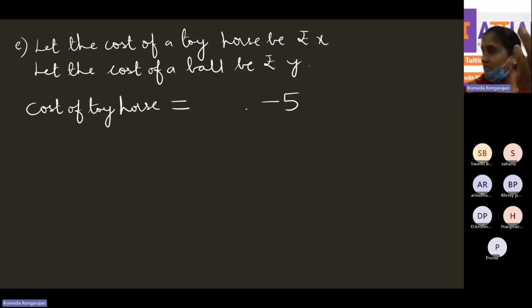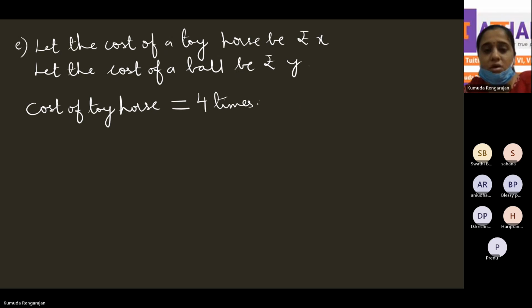Five less than meaning minus 5, less than something. What should come here? 4 times the cost of a ball. So 4 times cost of a ball minus rupees 5.